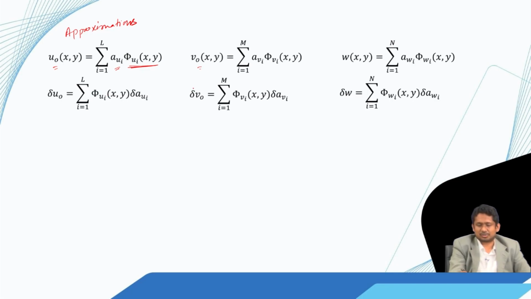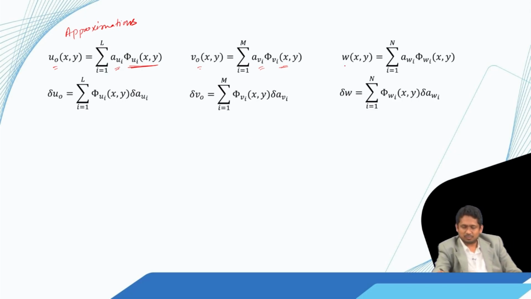Similarly, v0 is also written as a weighted summation of these phi Vi, where the phi Vi are known, defined functions of x and y, and the weights are unknown constants. And likewise we do for w, where we have phi Wi and AWi.